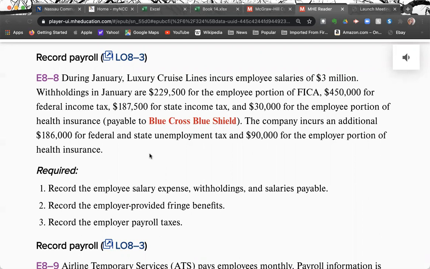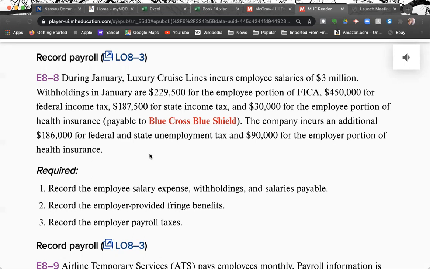The company incurs an additional $186,000 for federal and state unemployment tax and $90,000 for the employer portion of health insurance.